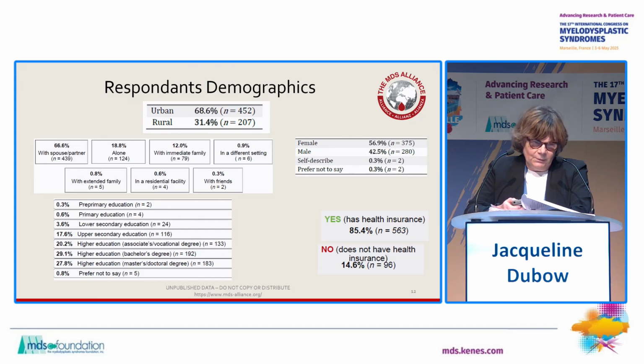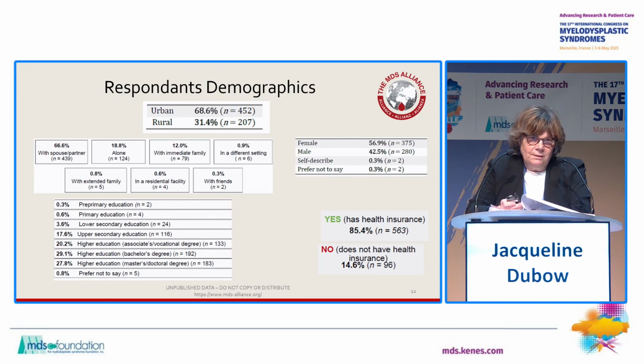Yes, what was interesting was the level of education, because what is quite striking is that most of the respondents have a fairly high level of education. And that's a big lesson for our associations.